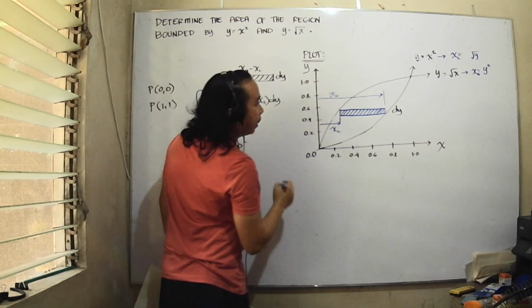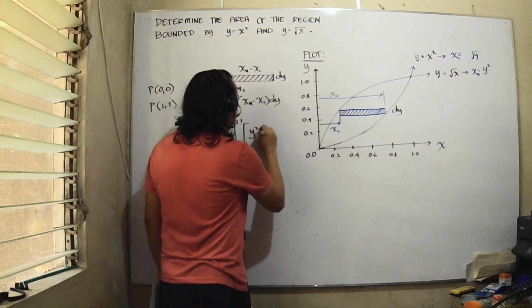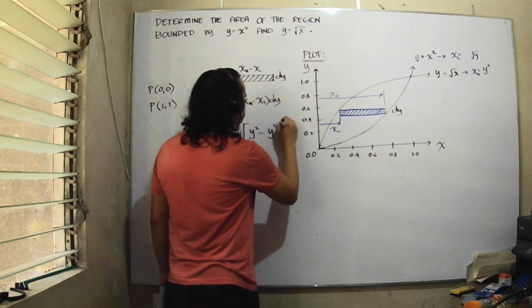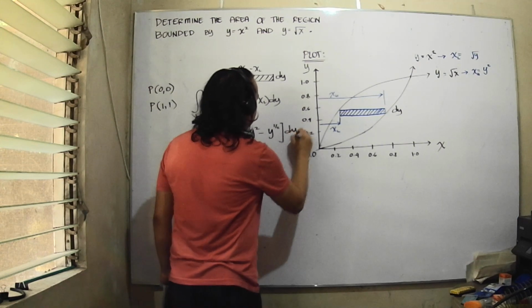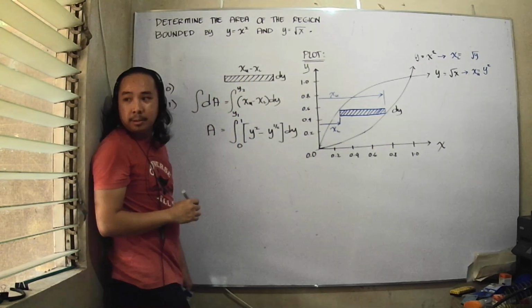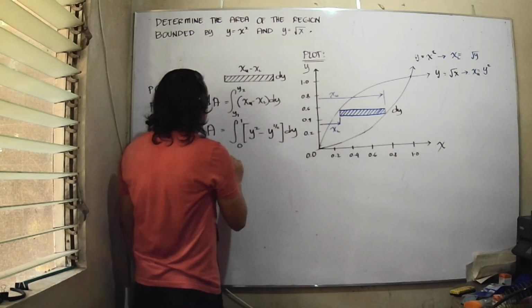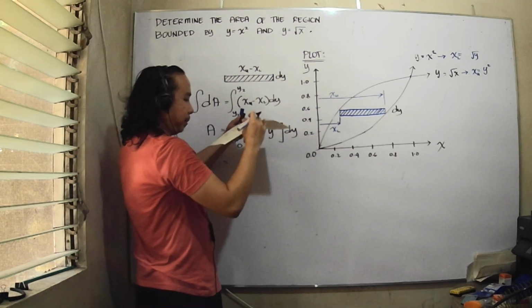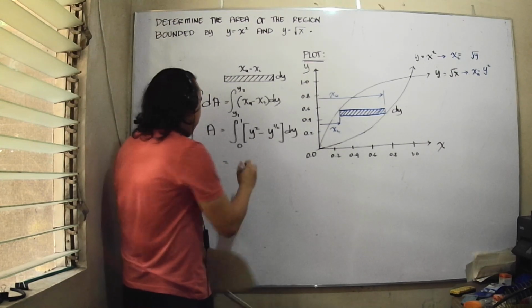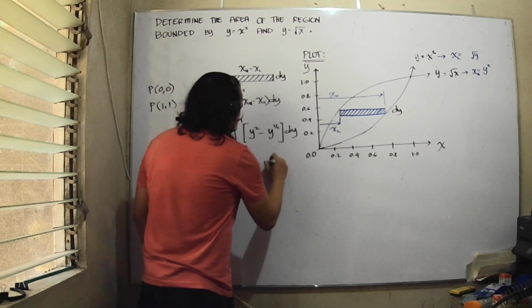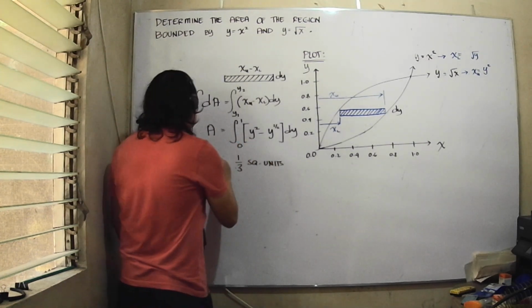So x upper, that is square root of y, and x lower, that is y squared, multiplied by dy. So if I perform the integration process, I would still have 1/3 square units.